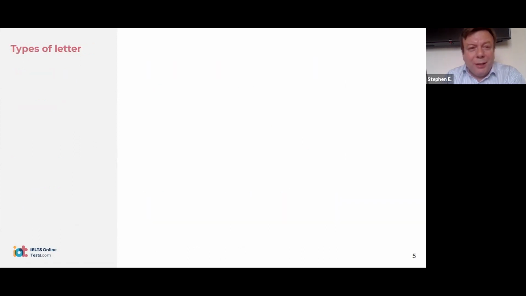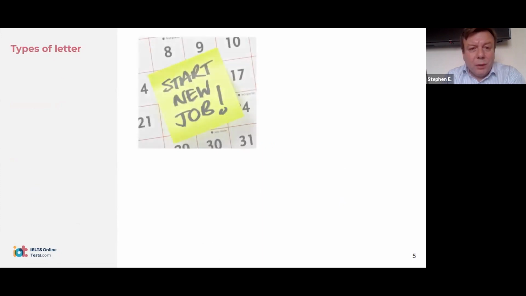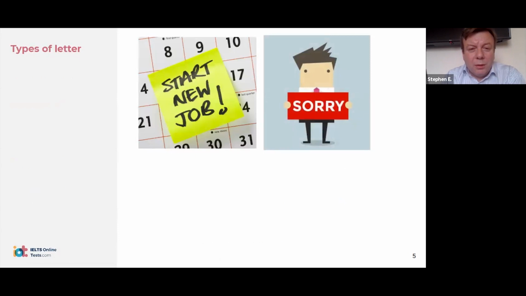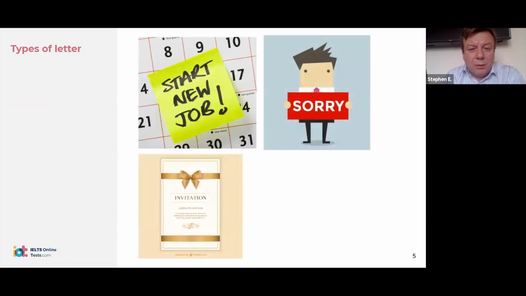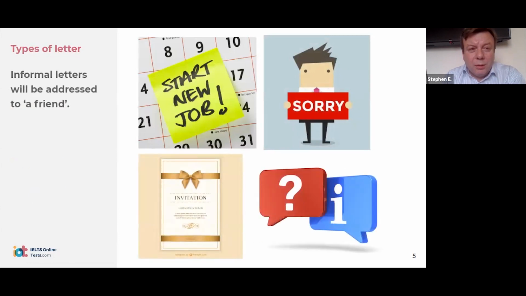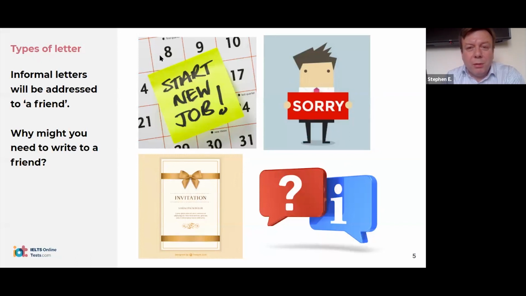So, types of letter that you could have. Informal letters are going to be addressed to a friend, as we've just seen. Why might you need to write to a friend? What purpose could you have?